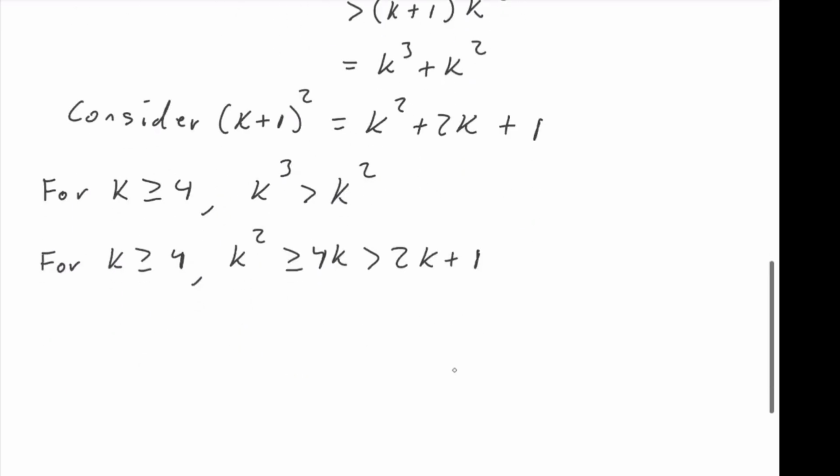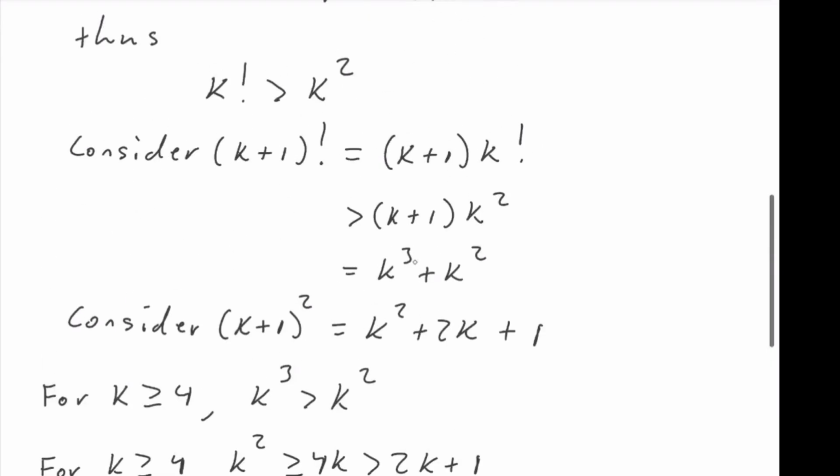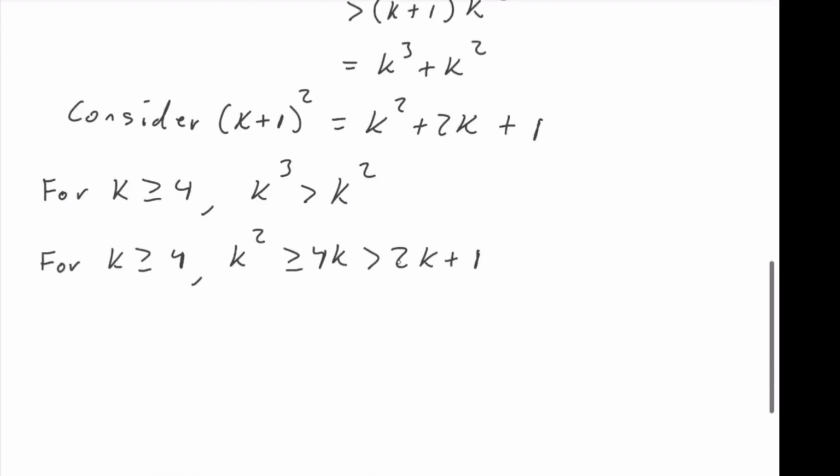So we know k cubed is bigger than k squared, and we know k squared is definitely bigger than or equal to 4k, and we know 4k is definitely bigger than 2k plus 1. So let's go ahead and look at this, right? So we have k plus 1 factorial. We know that's bigger than, right?